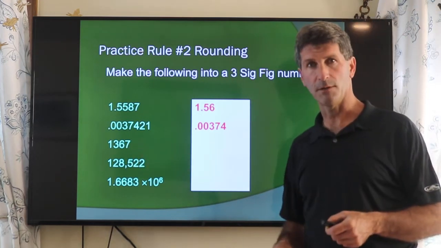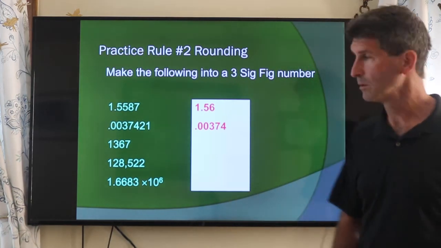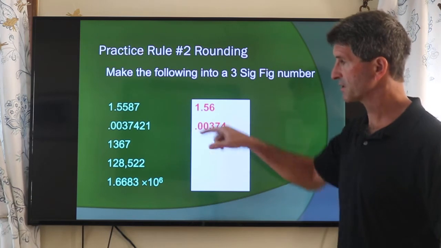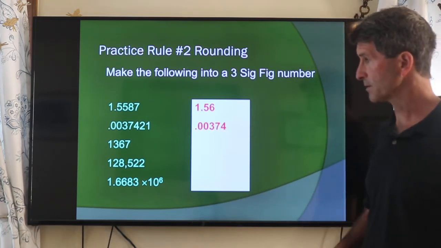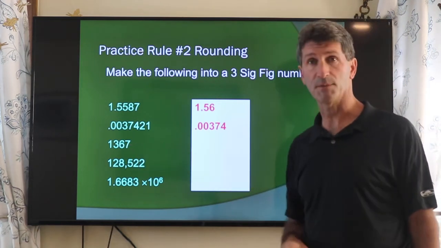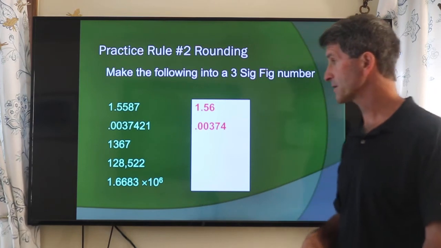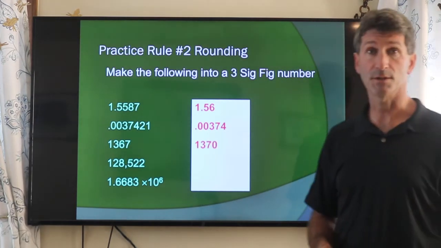Here's where people get confused, they're like, oh, I'm getting rid of the 7, so I'm going to put a decimal place here. No! It's 1,367. I want to round it up to 3 significant figures. Leave a 0 here as a placeholder, but I'll round up to 6. So 1,367 becomes 1370.